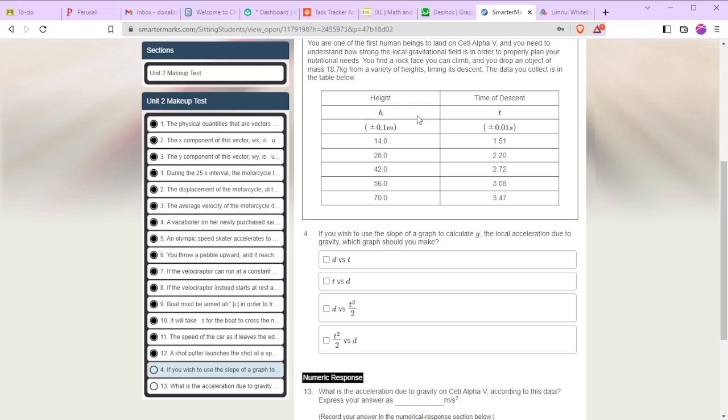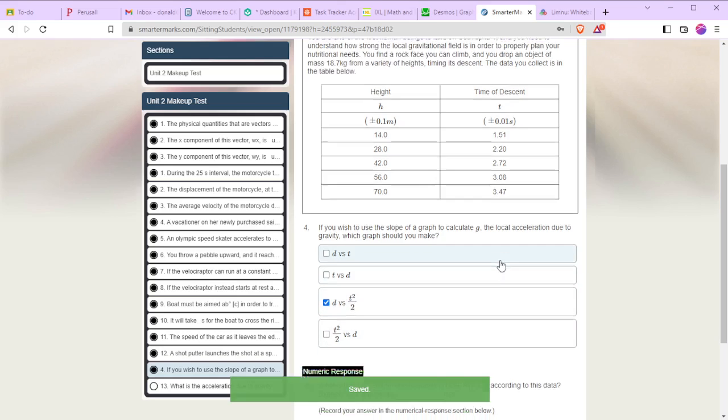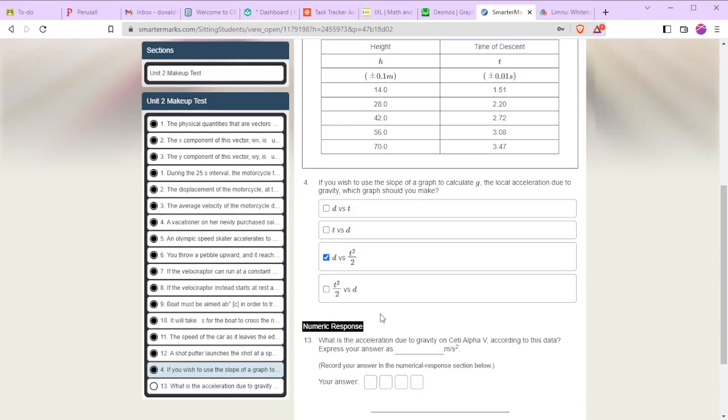And our y component is identical to what we see here: the 14, 28, 42, 56, and 70. So we're graphing, it's always y versus x, so it's d versus t squared over 2. Once we have these entered in our calculator, we do our calc.